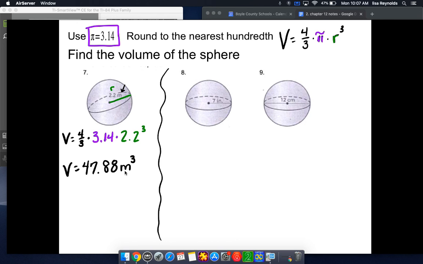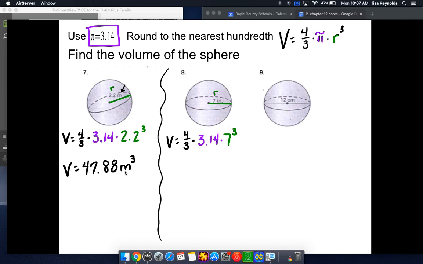Problem 8, when we look at this sphere, we have the measurement from the center to the outer edge, so we have the radius. They tell us in the directions what to use for pi, so for the volume, we substitute and calculate. 4/3 times our value of pi, we're told to use 3.14 times our radius value of 7, and our radius gets cubed.